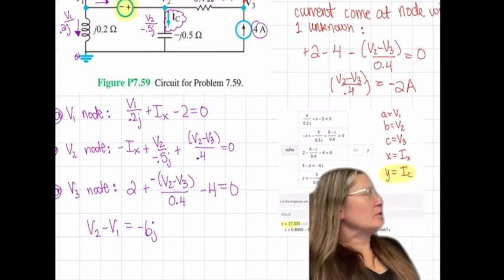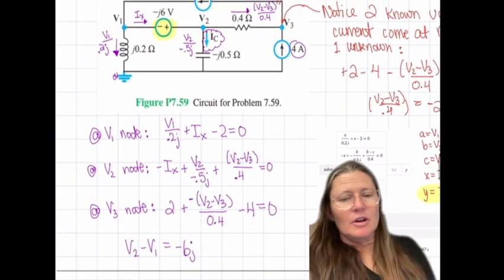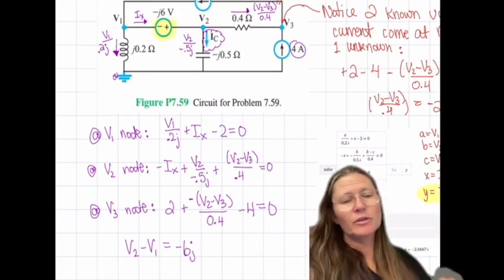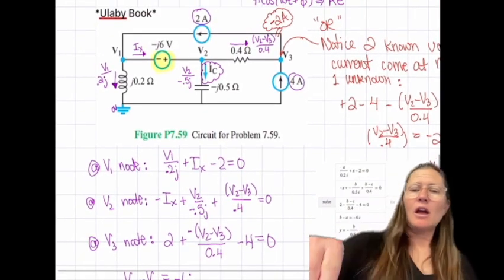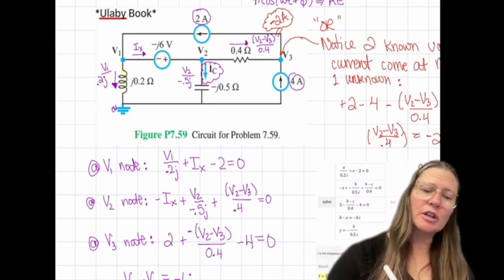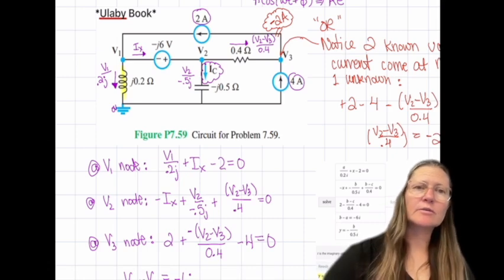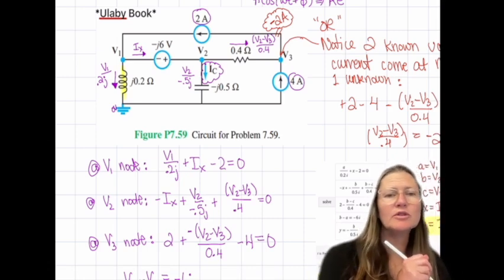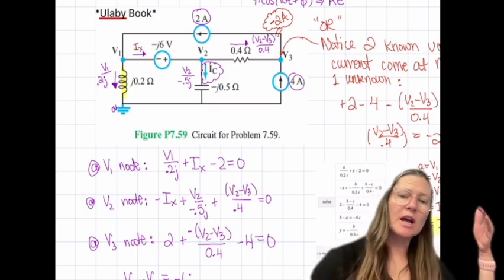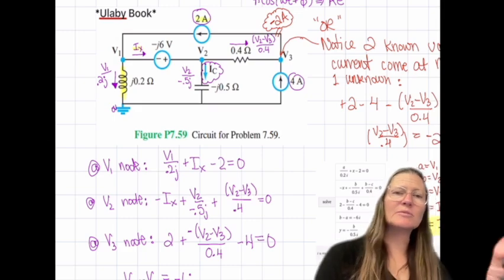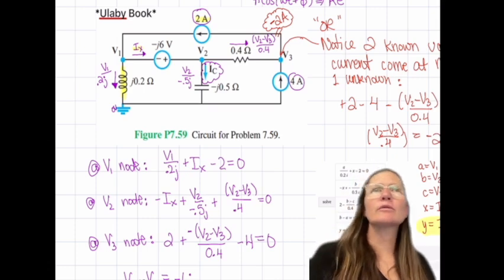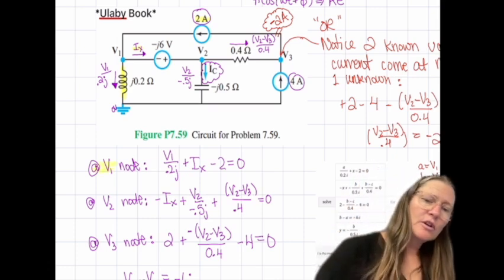All right, so I wrote the node voltage equations at V1, V2, and V3. At V1, my first equation had this current, which is V1 over 0.2J, going out, and IX going out, and then I had 2 amps coming in, so I did a negative 2 equals 0. So that's my first equation.